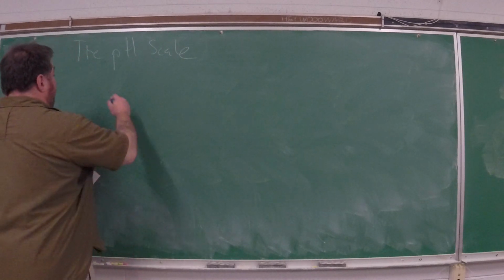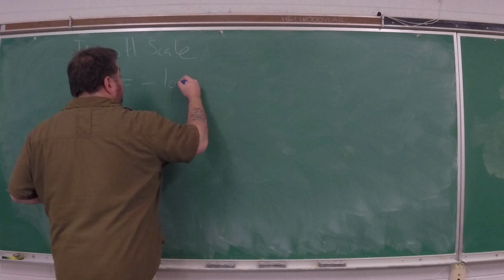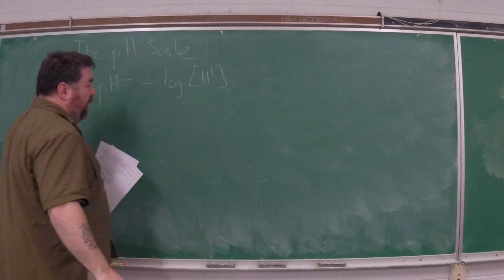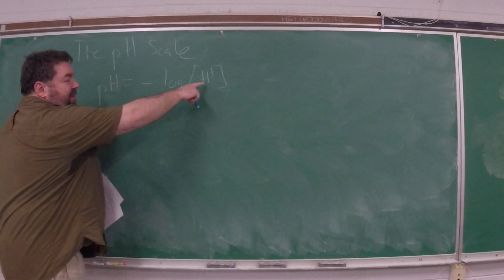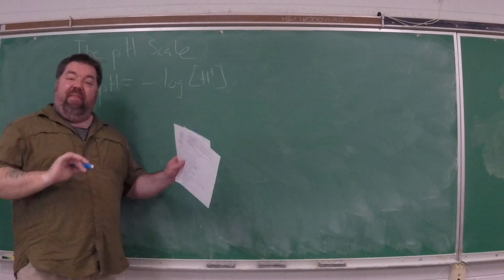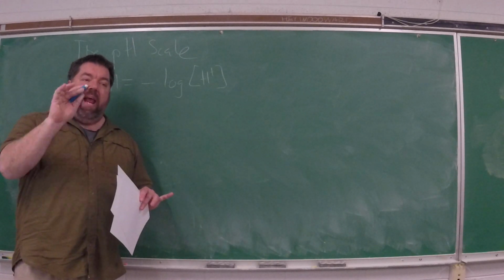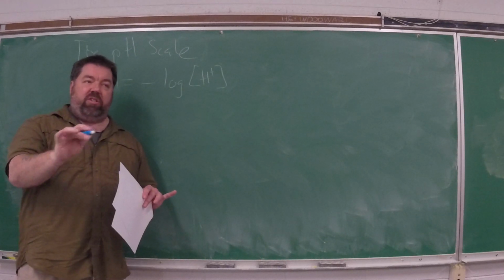The pH is going to equal minus the log of the concentration of the H plus. Or again, you can have H3O in there, right? That's it, right? Again, the reason why chemists do this is because it makes it easier to talk about a solution, the pH, whether it's acidic or not.